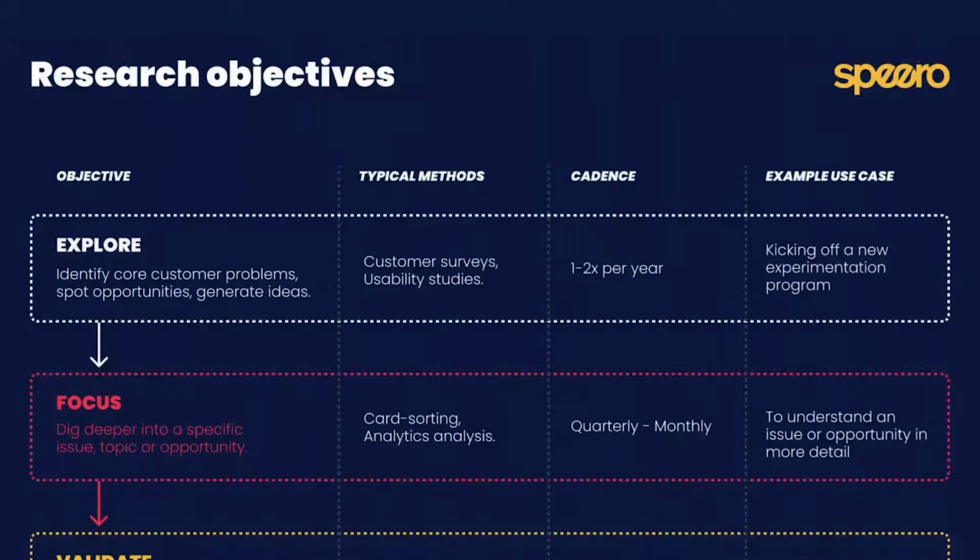So the core objective of this type of research is simply to explore the user journey, explore the user experience, and identify areas of opportunity. Typical methods that are conducted for exploratory user research include things like customer surveys and usability studies. Now, it's worth mentioning at this point that a lot of the different research methods that we use can be utilized in different ways at different points in the research landscape.